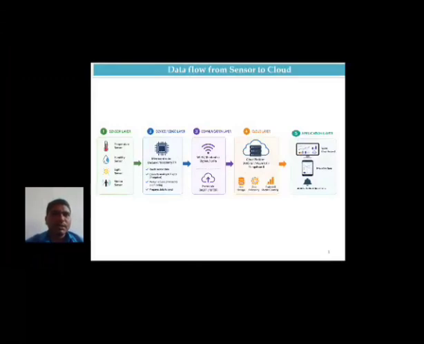In this lecture, I am going to discuss how data flows from sensor to cloud. Before we go to the diagrams, let us understand a simple idea behind this. In our daily life, we measure things like temperature, humidity, or motion. But how can we monitor the values from anywhere using a mobile phone?